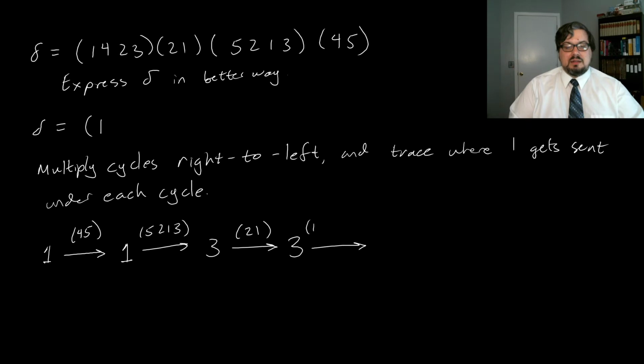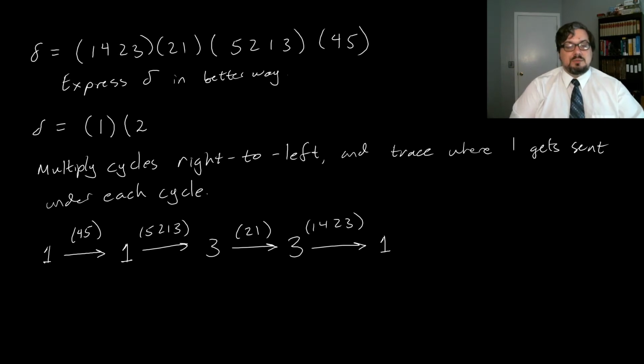Now 3 under the leftmost cycle gets sent to 1 because the last element in the cycle goes back to the first. So under delta, when we apply all 4 of these permutations that multiply to make delta, 1 gets sent back to 1.